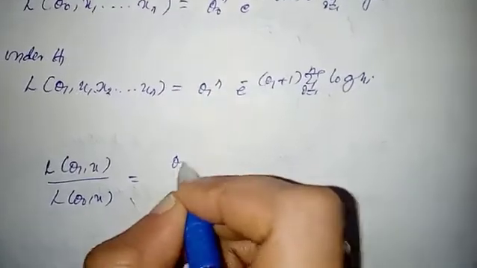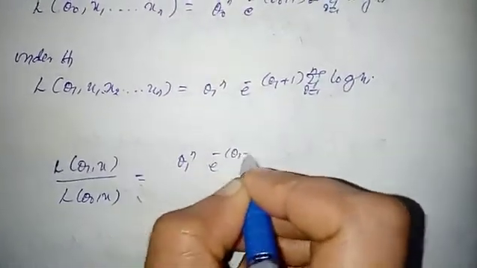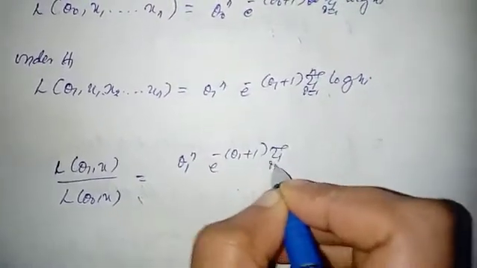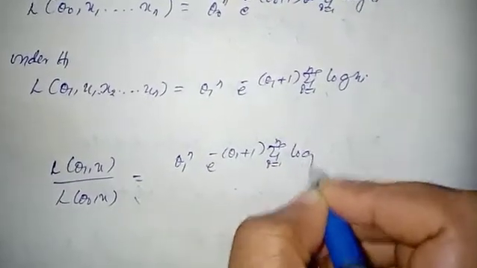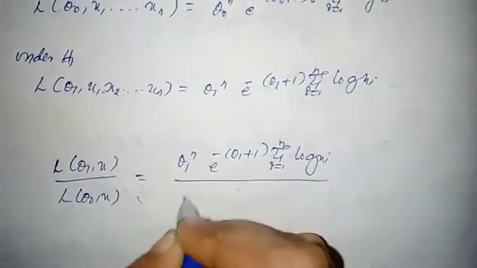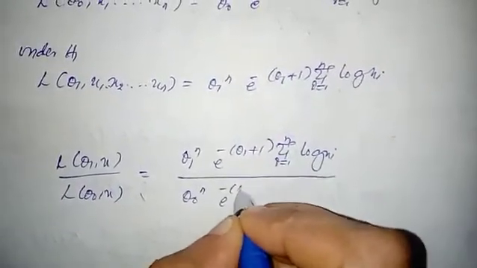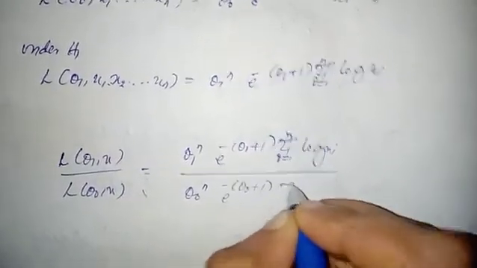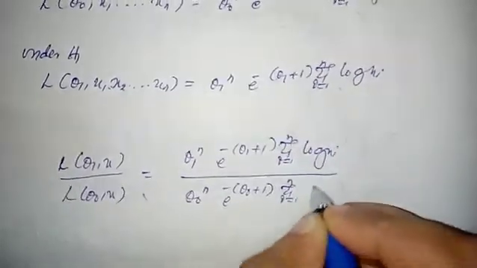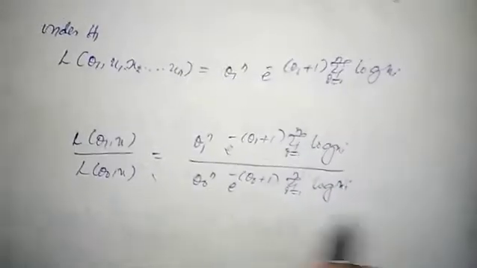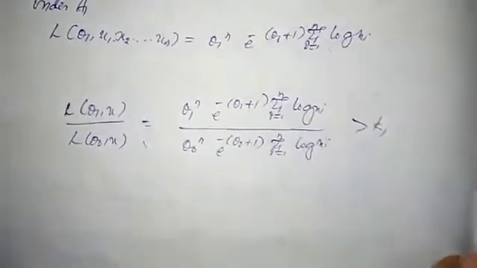Then theta 1 power n e power minus theta 1 plus 1 summation i = 1 to n log xi divided by theta naught power n e power minus theta naught plus 1 into summation i = 1 to n log xi, right? Which is greater than some k value, right?